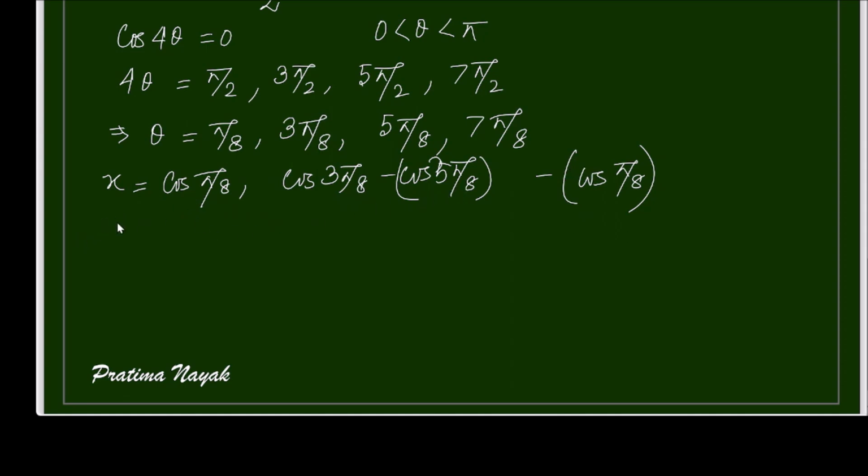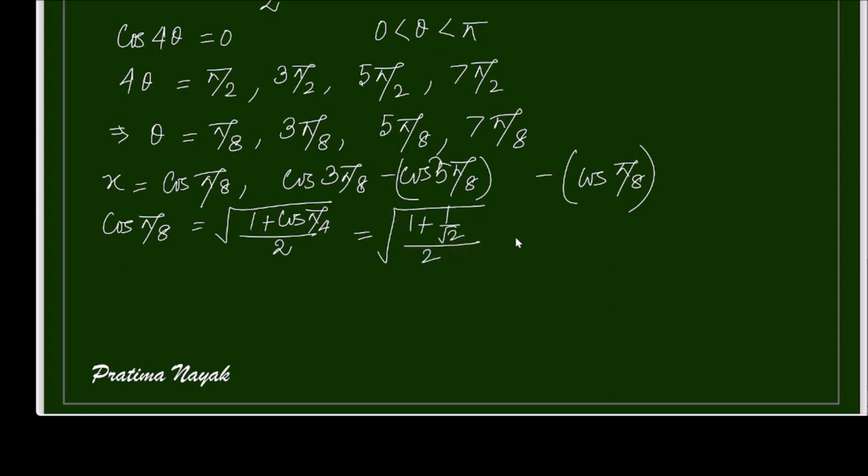How to get the value of cos pi by 8? Cos pi by 8 is equal to root over (1 plus cos pi by 4) by 2. This is equal to square root of (1 plus 1 by root 2) over 2.